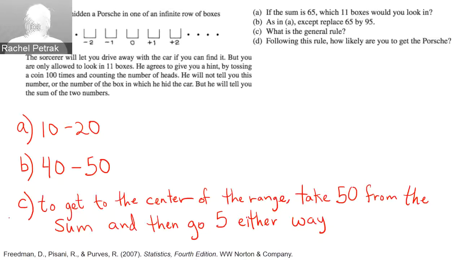You take 50 from the sum and then go 5 either way. And if you follow this rule, how likely are you to get the Porsche? 73%.